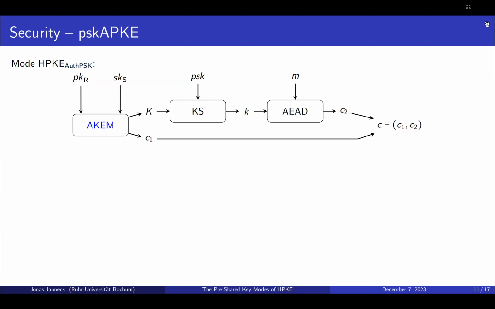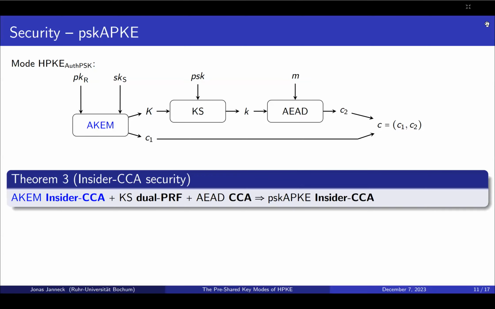This also takes the secret key of the sender as an input, and our theorems rely on security notions for ACAN, and to obtain inside SSA security, we also need inside PCA security for the first component from the A.